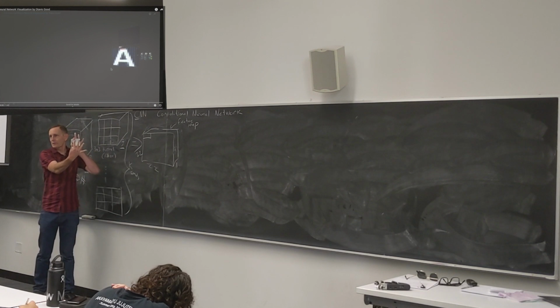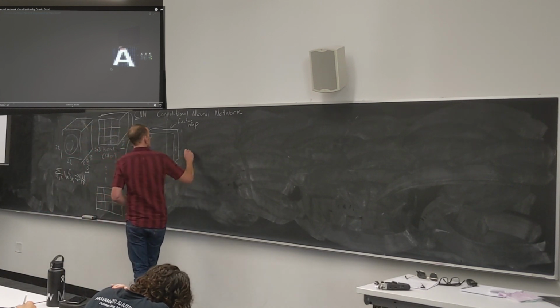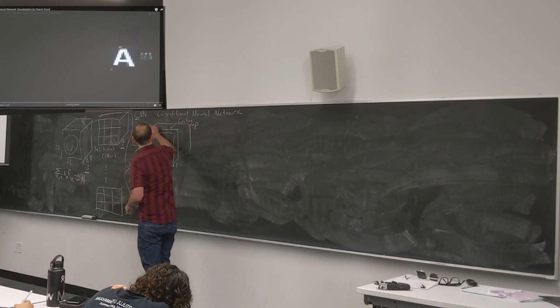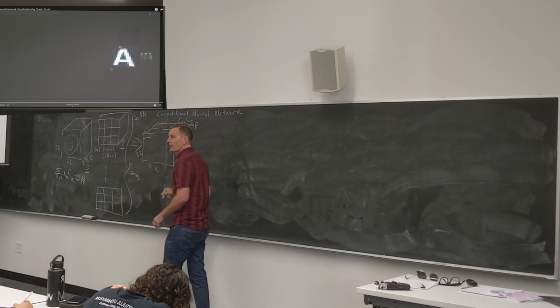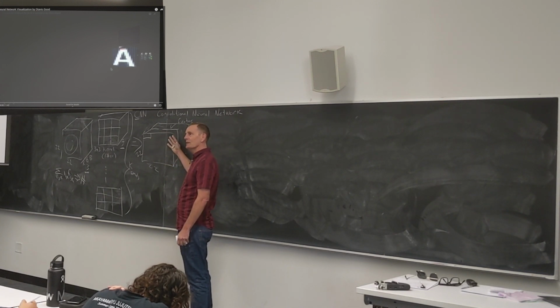And if we smash them together, we're going to have 22 by 22 by K. The first plane will be the output of the first kernel, the second plane the output of the second kernel, the third plane the output of the third kernel, and so on.